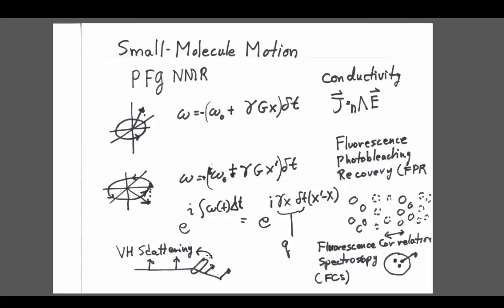Yet another method of studying molecules, we're now in the lower left corner, is VH scattering, or depolarized light scattering. There are several variations on this, but the general idea is we send into the system a polarized beam of light. Some of the light is absorbed by molecules that are not regularly spherical in shape, that are optically anisotropic.